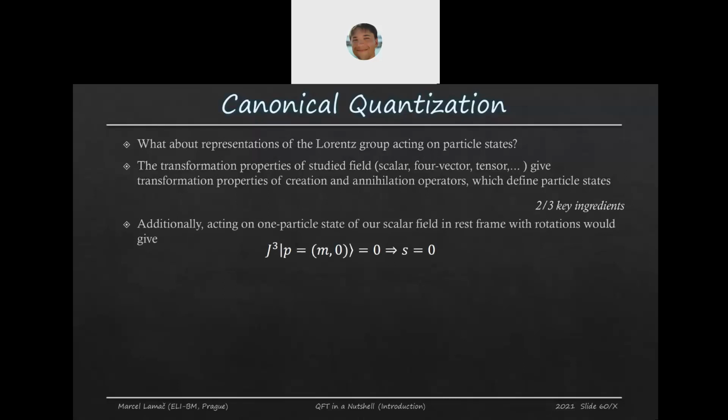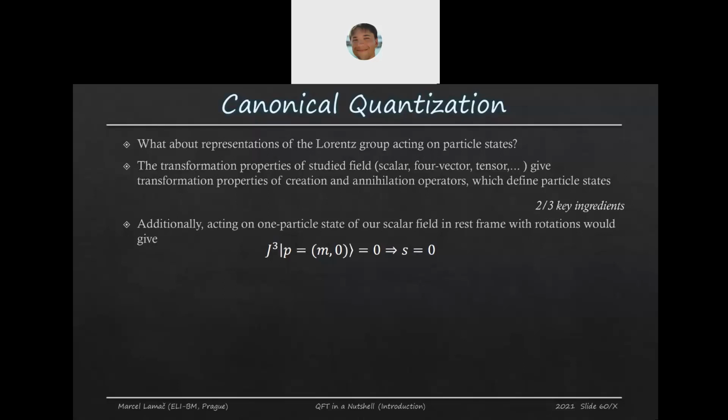Additionally, since the scalar field is, for example, rotation invariant, if we acted on the one particle state with the third component of the angular momentum, which is usually the angular momentum associated with the axis along which it is quantized, then we would get zero. Therefore, the state is annihilated by angular momentum, which means that the spin is equal to zero in the rest frame.